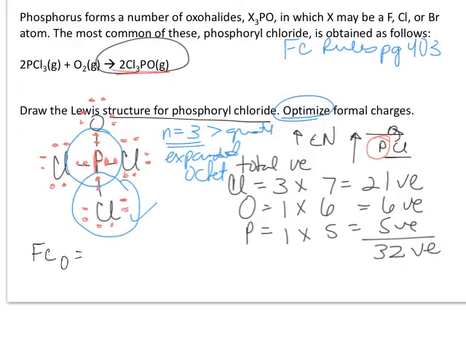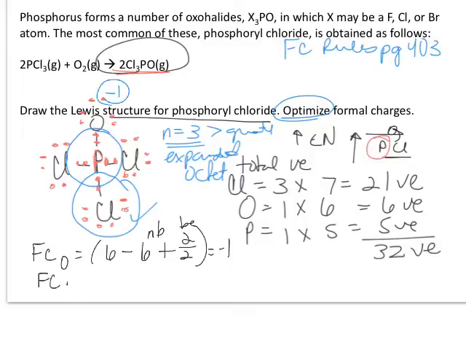Here for oxygen, you will find that oxygen has 6 valence electrons minus, in this case, 1, 2, 3, 4, 5, 6 non-bonding electrons plus 2 divided by 2 bonding electrons. So this ends up being a negative 1. And so then you'd write a negative 1 by the oxygen.